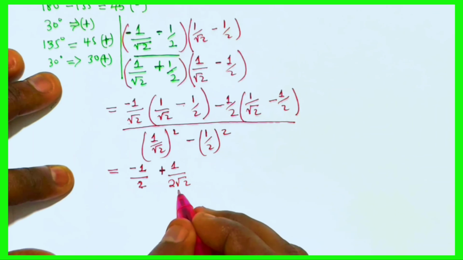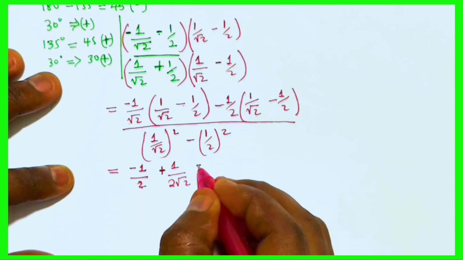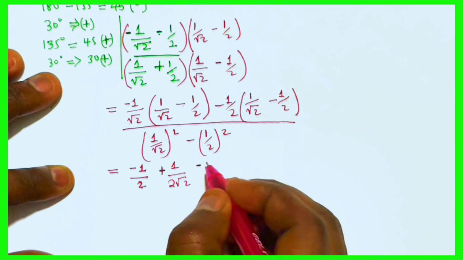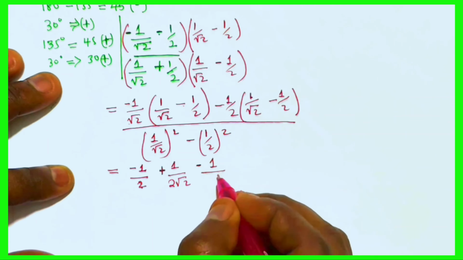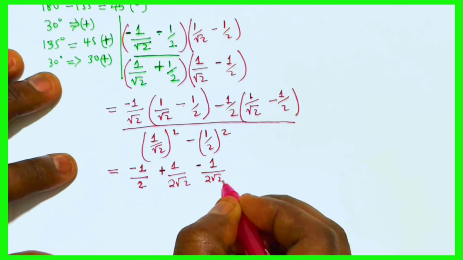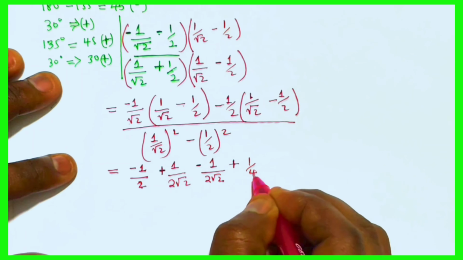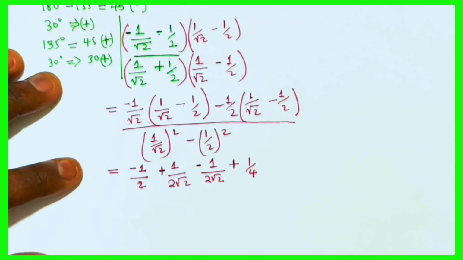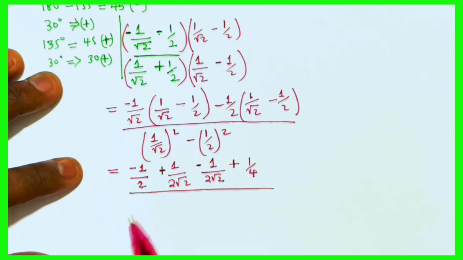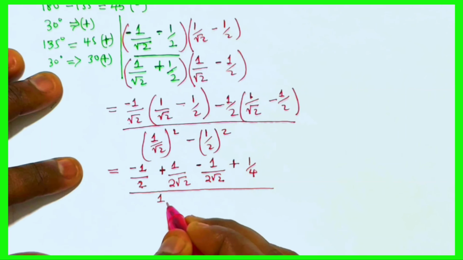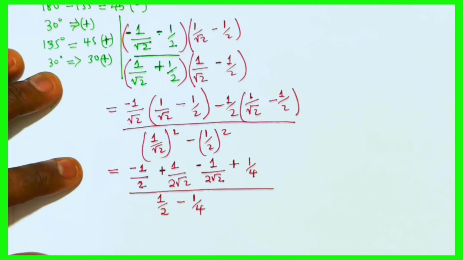Root 2 multiplied by 2 is 2 root 2. And then here we are going to have minus 1, negative times positive is negative, divided by 2 root 2, and then plus 1 divided by 4. And this will be divided by the solution for the difference of two squares here, which will be 1 over 2 to subtract 1 over 4.